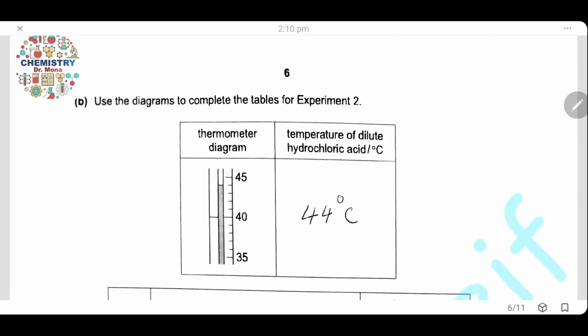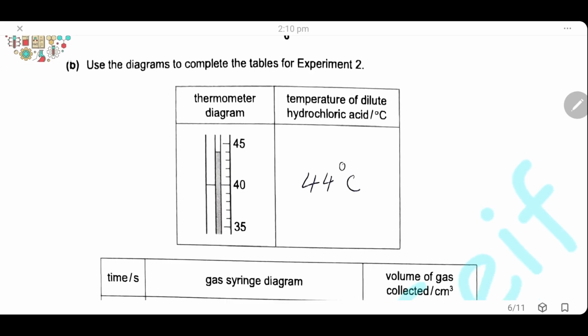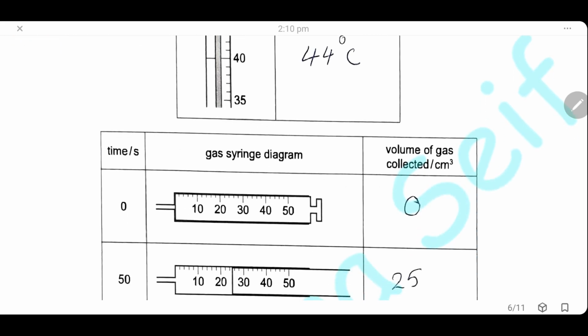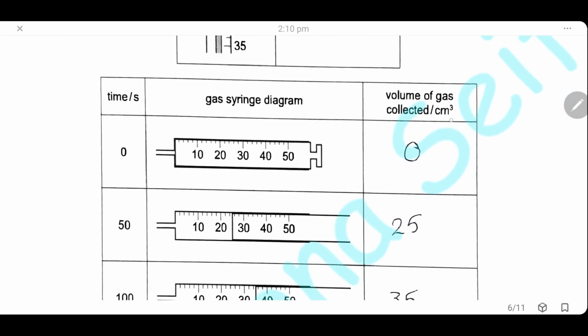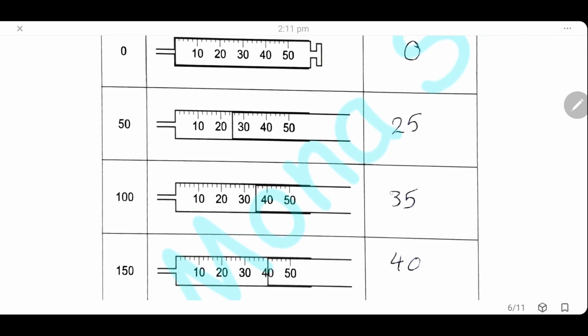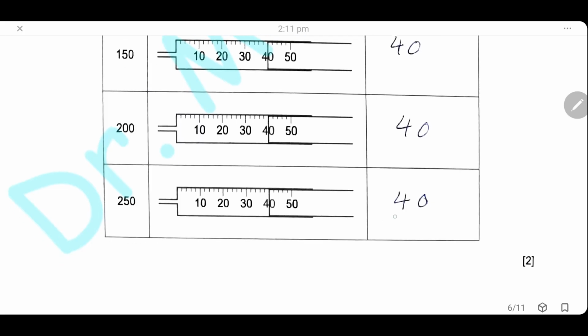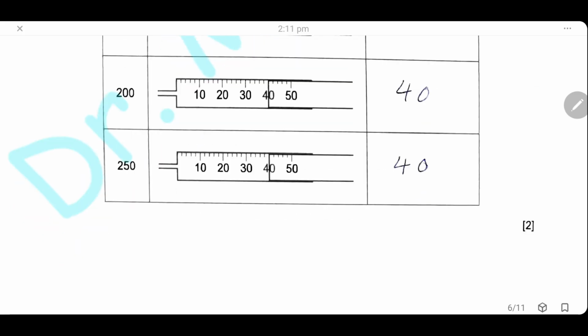Then we will go for the second experiment. Using the diagram, the temperature of the second experiment is 44 degrees Celsius, and again we will record the volume of the gas collected every 50 seconds. Here from the scale on the gas syringe, it's 0, 25, 35, 40, 40, and then finally 40.